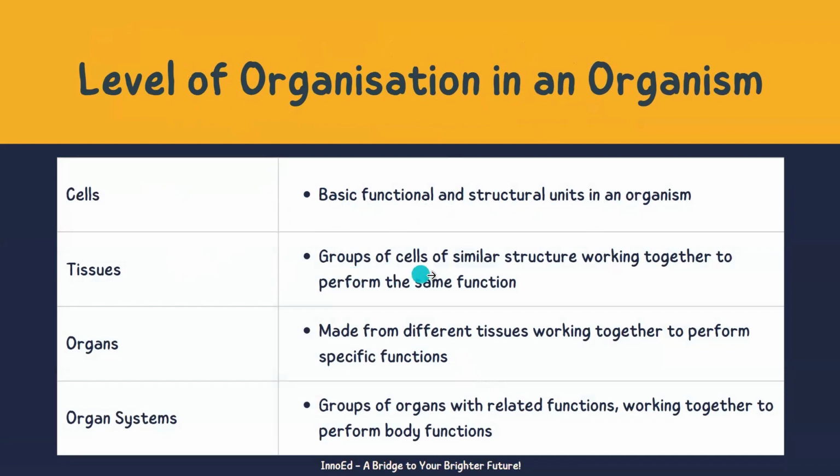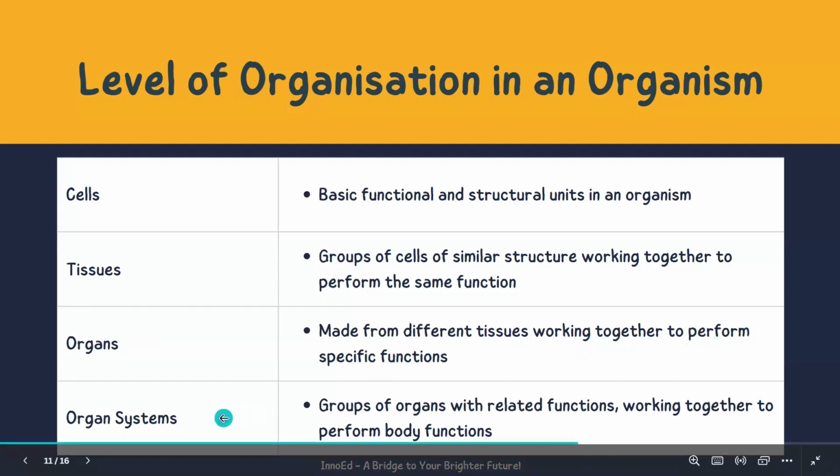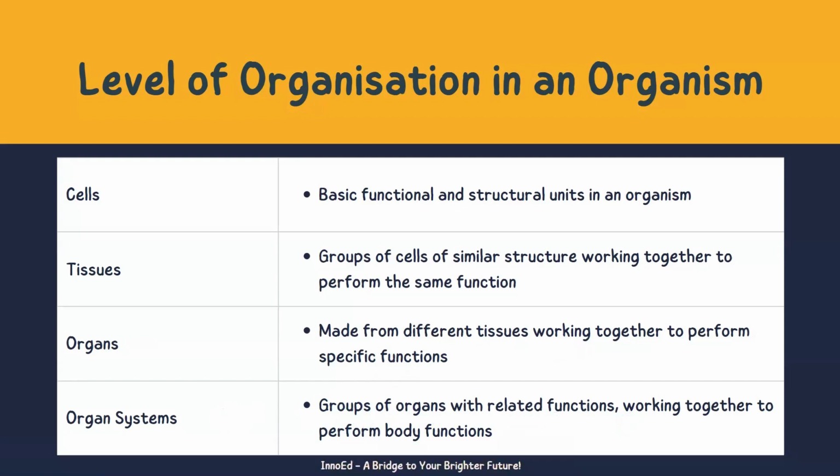Tissues are groups of cells of similar structure, working together to perform the same function. Organs. Organs are made from different tissues, working together to perform specific functions. Organ systems. They are the groups of organs with related functions working together to perform body functions.